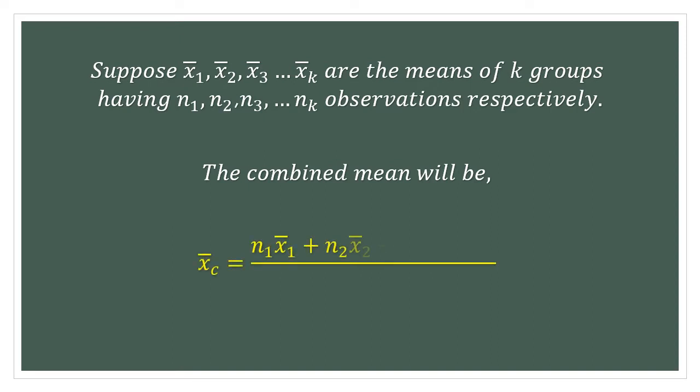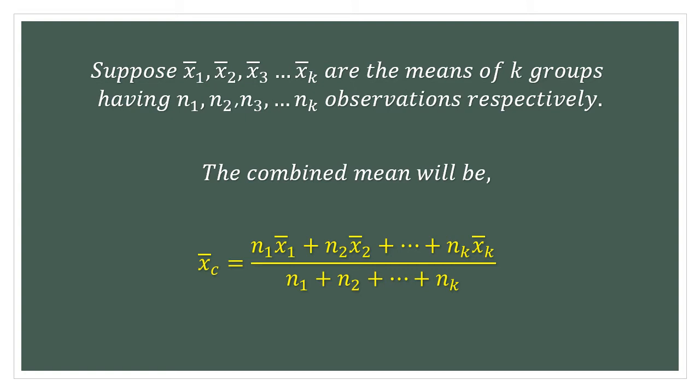You need to multiply the respective means with the number of observations. That is, n1 observations are to be multiplied with x bar 1 and n2 observations are to be multiplied with x bar 2. So respective observations are to be multiplied with their means and added, and then divided by all the observations, that is the observations of the first group, second group, third group, and so on.